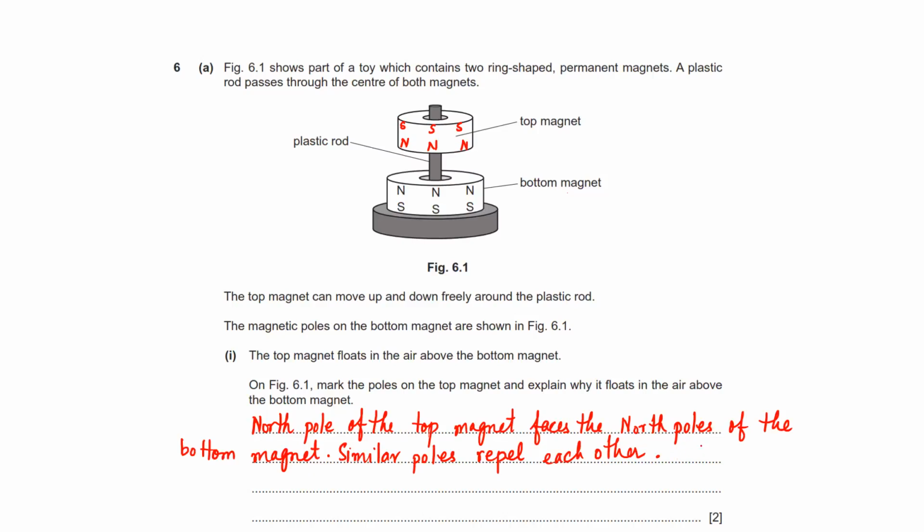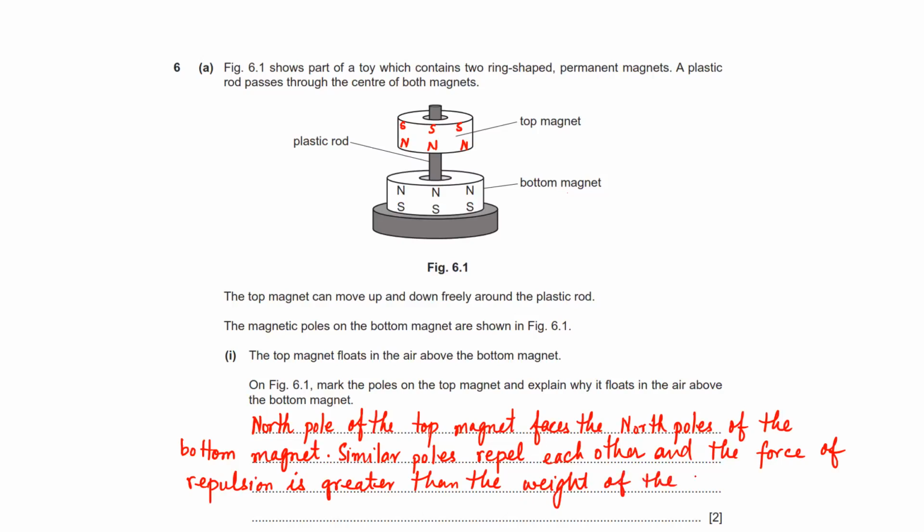And this results in a force of repulsion, and the force of repulsion is greater than the weight of the top magnet. So this will result in the magnet floating. But if the force of repulsion were less than the weight of that magnet, it wouldn't be floating above the bottom magnet.